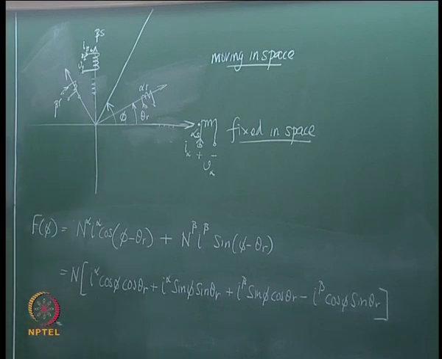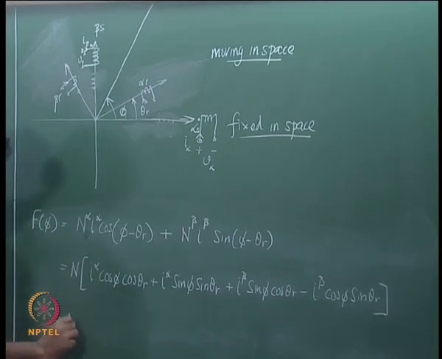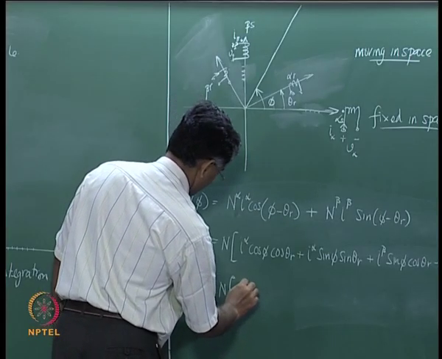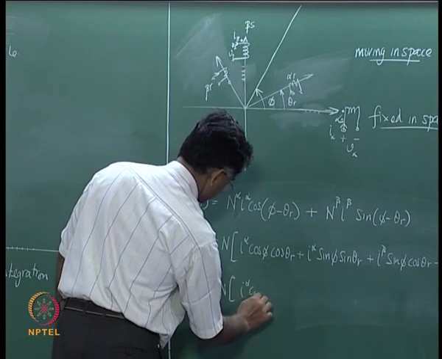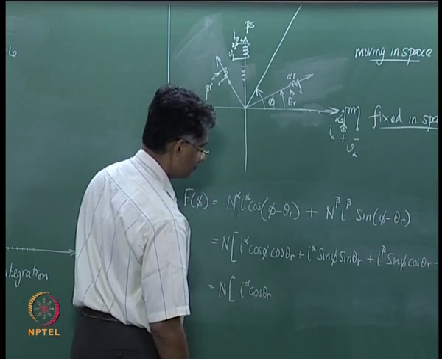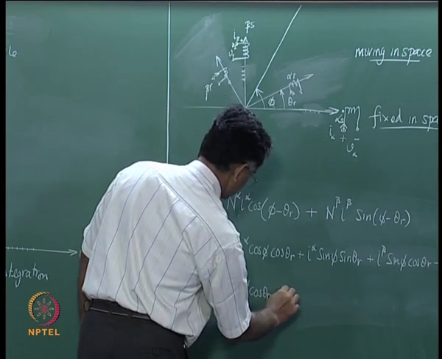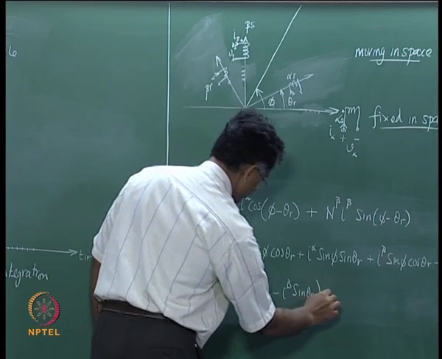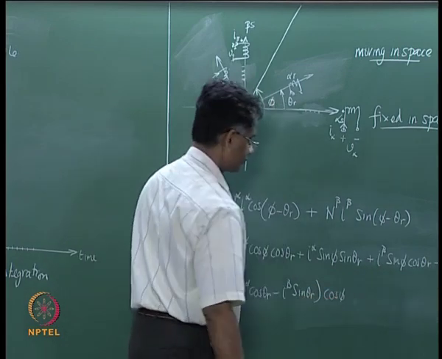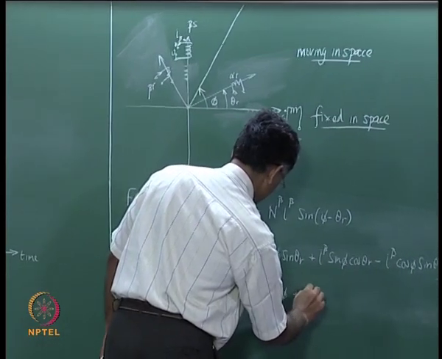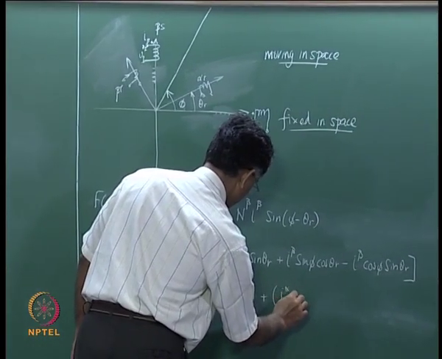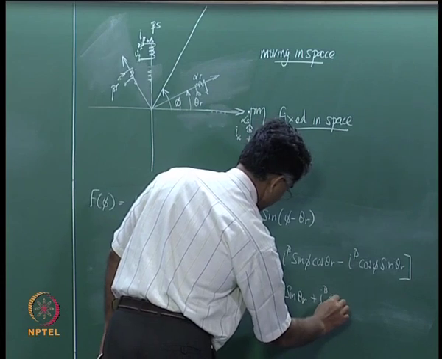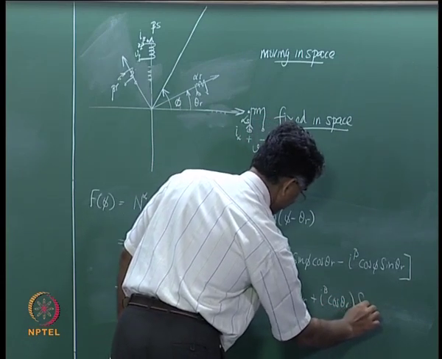Now, we can regroup the terms, there are 4 terms here. So, we will rewrite it as n into I alpha cos theta r minus I beta sin theta r multiplied by cos phi plus I alpha sin theta r plus I beta cos theta r multiplied by sin phi.